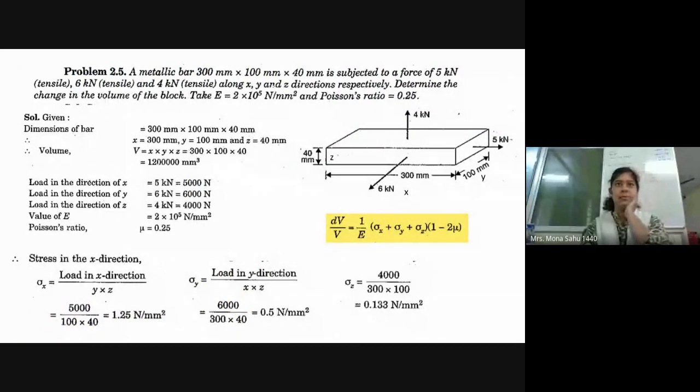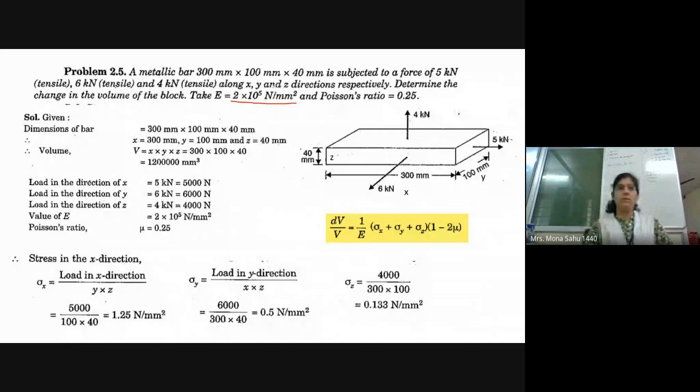A metallic bar 300 mm, 100 mm, 40 mm is subjected to a force of 5 kilonewton tensile, 6 kilonewton tensile, 4 kilonewton tensile along x, y, and z directions respectively. Determine the change in the volume of the block. E equal to 2 into 10 to the power of 5 Newton per mm square, Poisson's ratio.